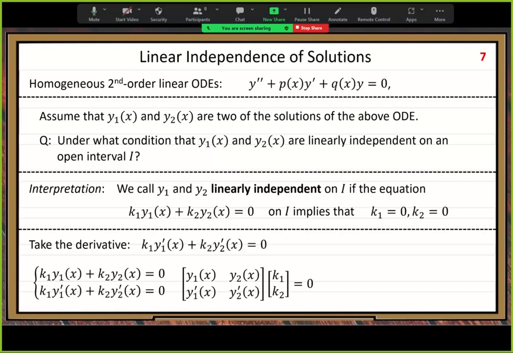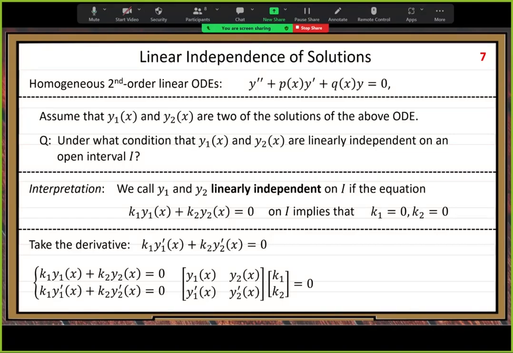You know the 2 by 2 determinant, right? The formula, we will see soon. You need to calculate the determinant of the 2 by 2 coefficient matrix. If the determinant equals 0, then the homogeneous linear system has a non-trivial solution.